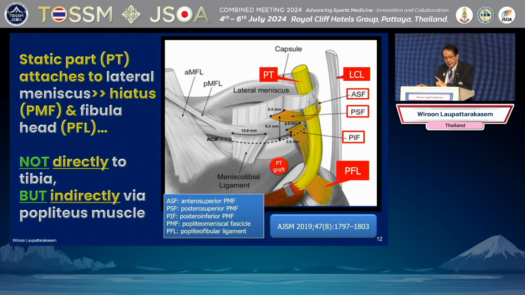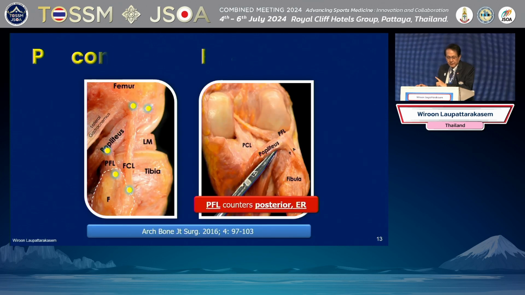So we cannot say this is an anatomical replacement of the popliteus tendon, because we do not fix from the femur to the tibia itself directly.